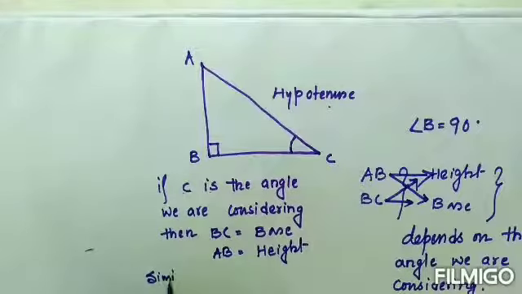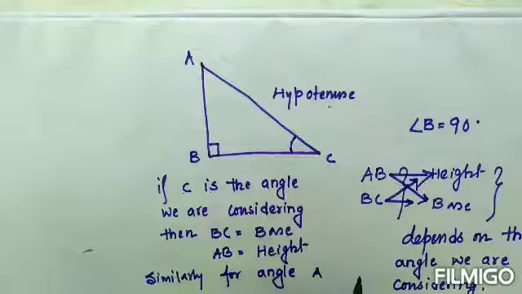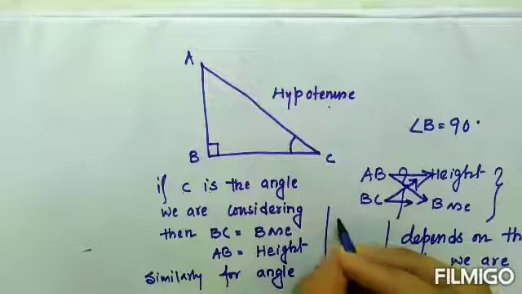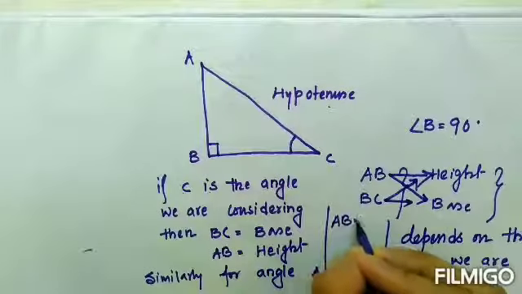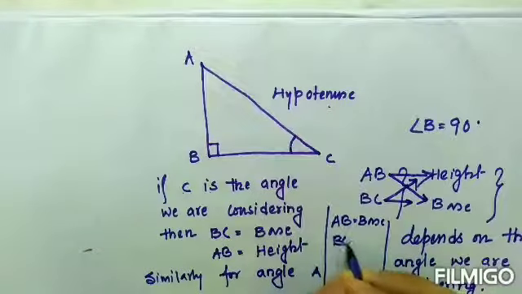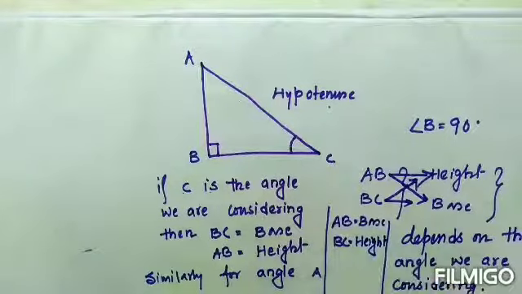Similarly, for angle A, AB is equal to base and BC is equal to height.